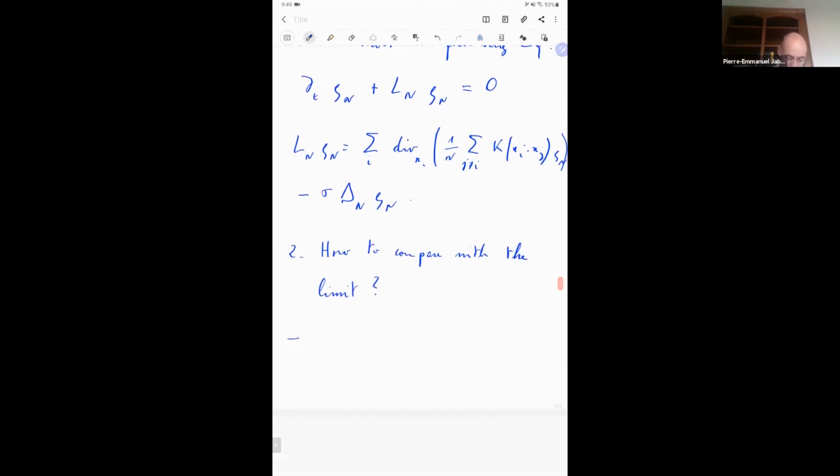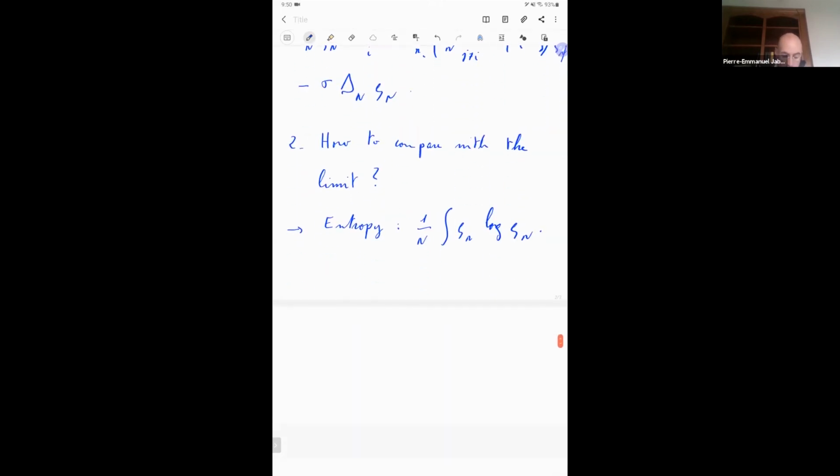Now, the first way that we had used with Zenfu to deal with Navier-Stokes is to use the entropy of the system. And the Gibbs entropy here just reads something like that. And so that gives you a way to use a relative entropy.